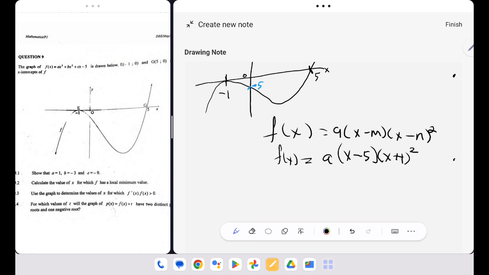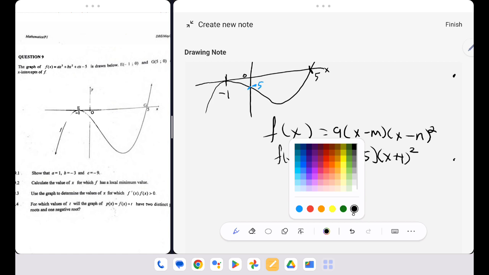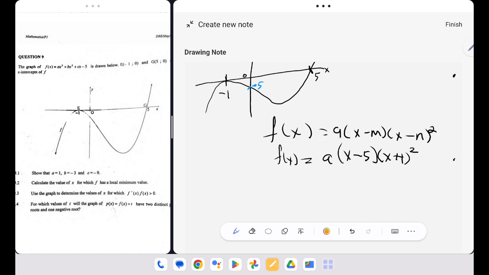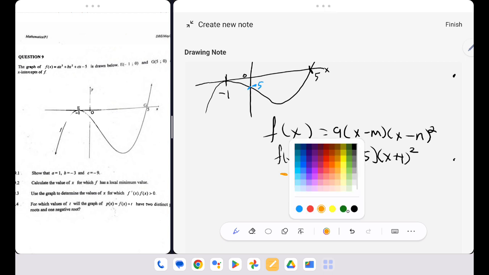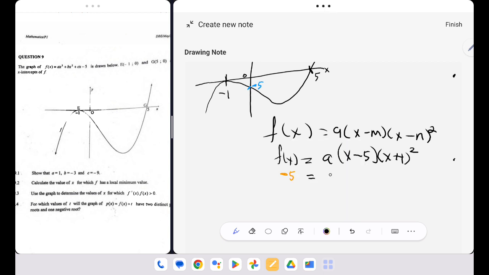But I can only do that if I substitute a point on the graph. I do have a point on the graph, my y-intercept. I know that y is equal to -5, but this only happens when x is 0, because on the y-axis x is always 0. Are we together? So whenever I see x, I'll put 0 there.